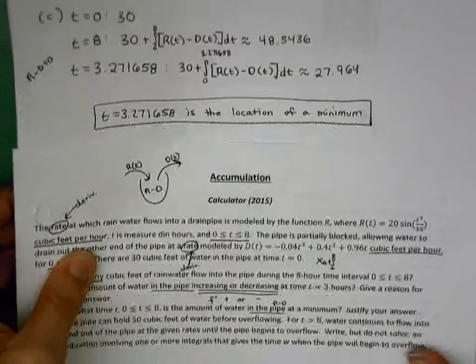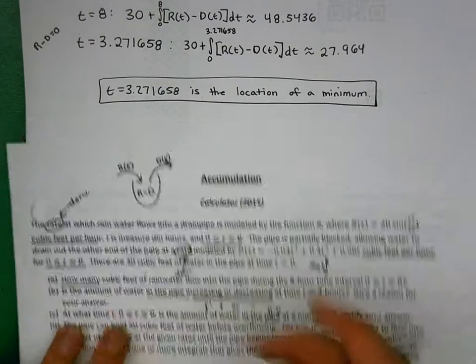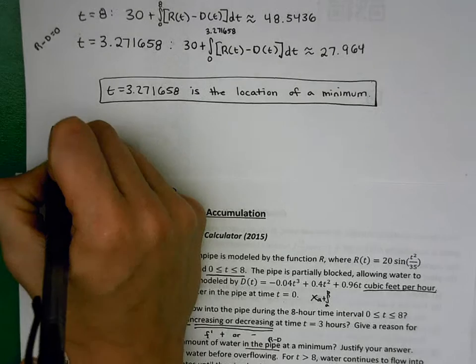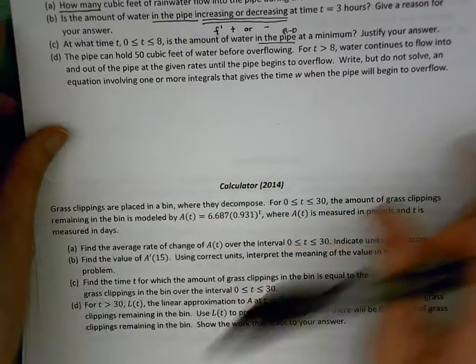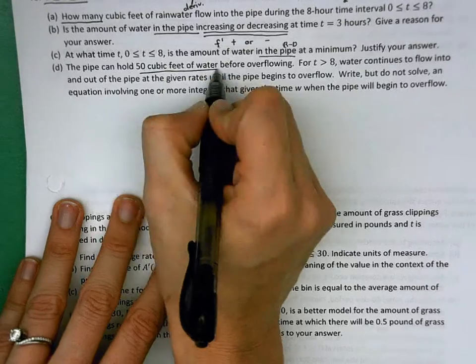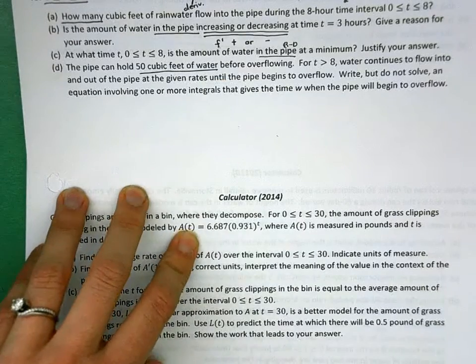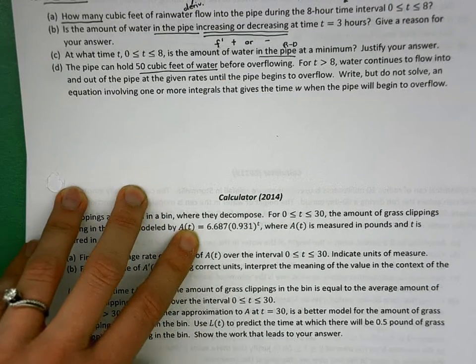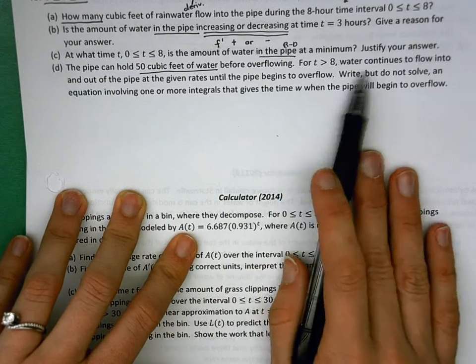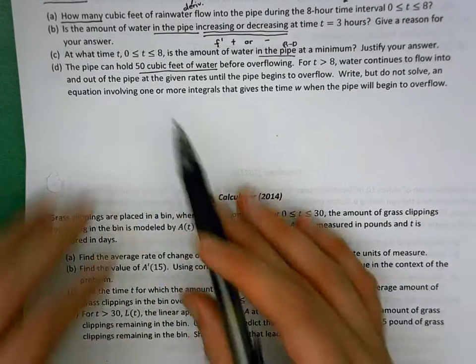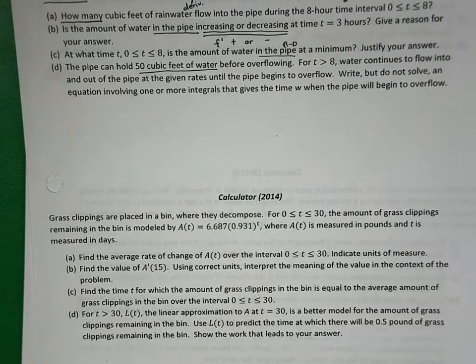Okay, and so now we are on to part D here. Part D reads, the pipe can hold 50 cubic feet of water before overflowing. So again, we're talking about inside the pipe, so if I need a rate, it's going to be R minus D. For t greater than 8, water continues to flow into and out of the pipe at the given rates until the pipe begins to overflow.